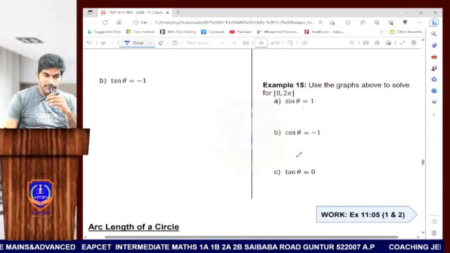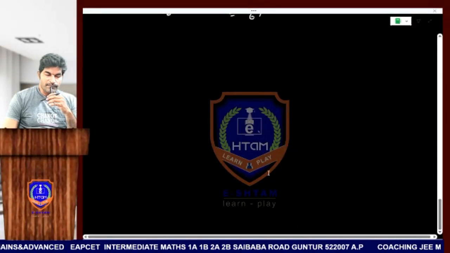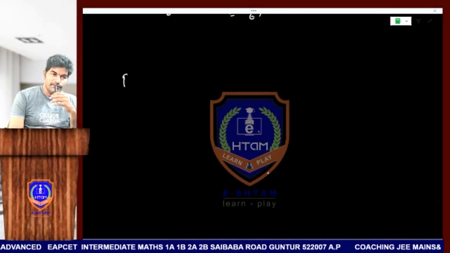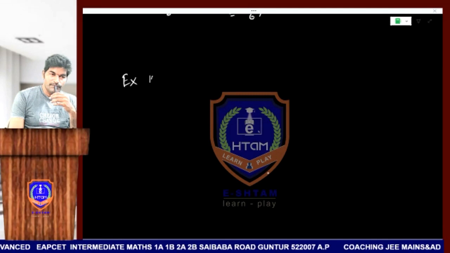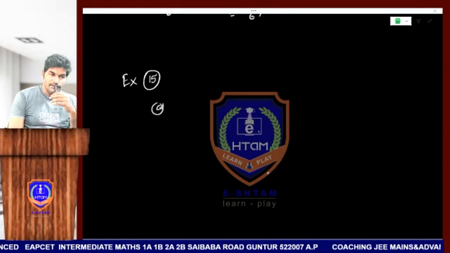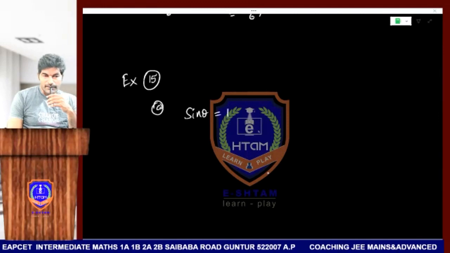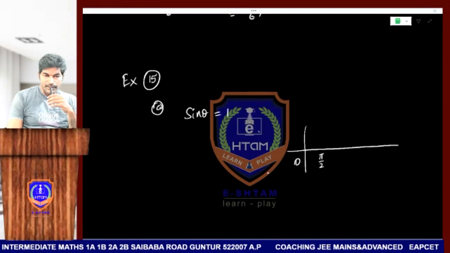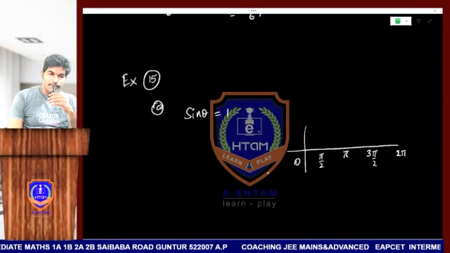So take the first question, sin theta equal to 1. Okay, so write down example 15: sin theta equal to 1. Again, draw a random graph between 0 to 2 pi. This is pi by 2, this is pi, this is 3 pi by 2, and this is 2 pi.